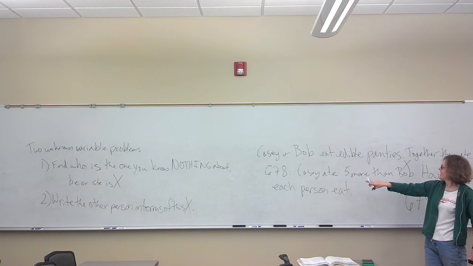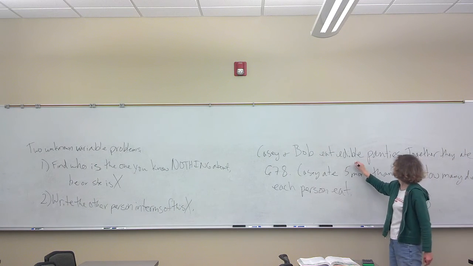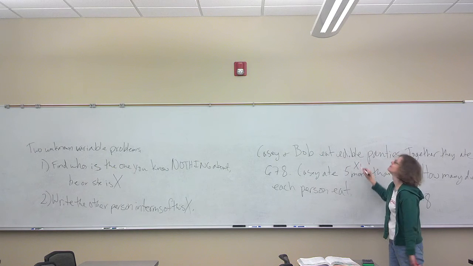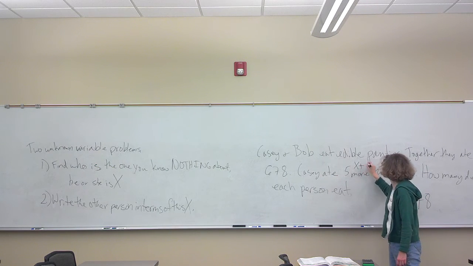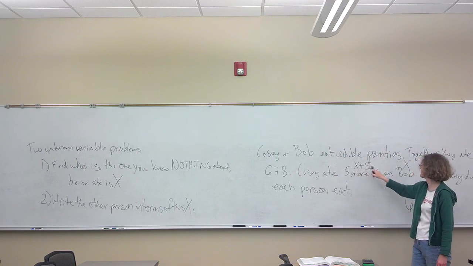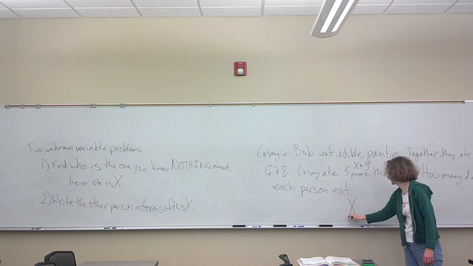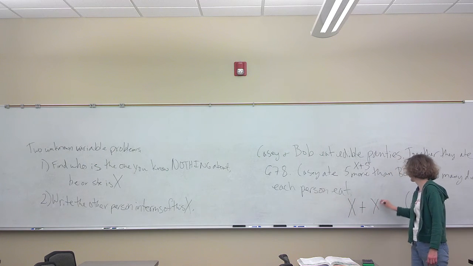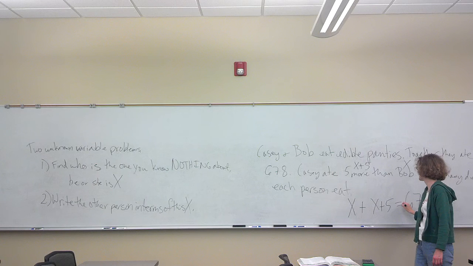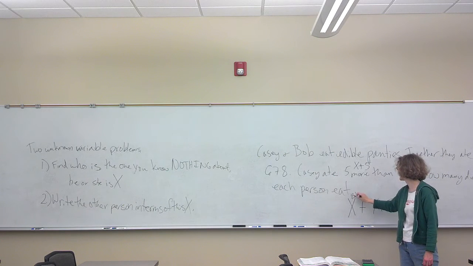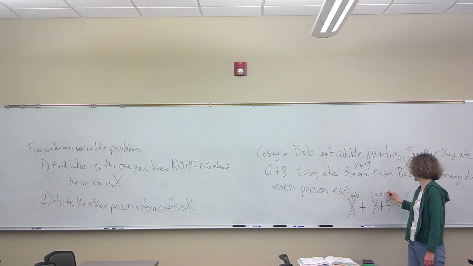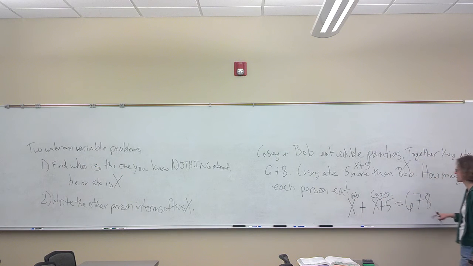Casey ate 5 more than Bob did. Bob ate X, and Casey ate 5 more, so X plus 5. So if we add the X plus the X plus 5, this is Bob, this whole thing is Casey. If we add them together, we're going to get the total.